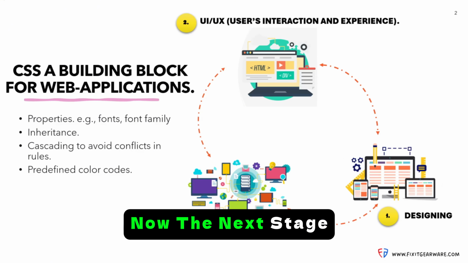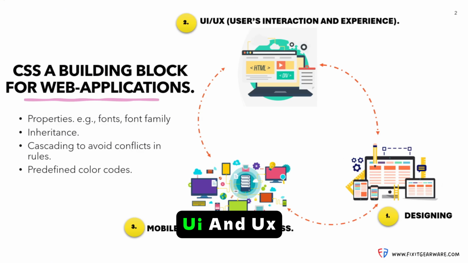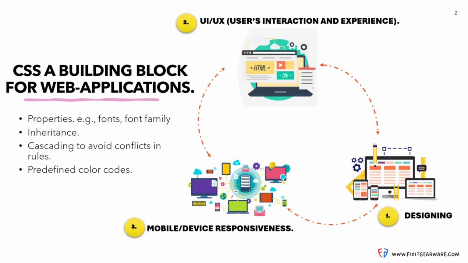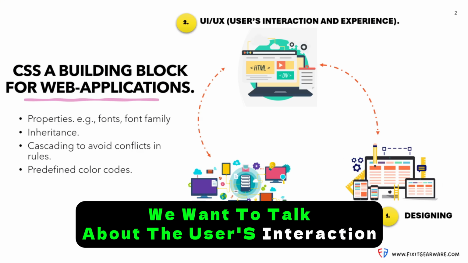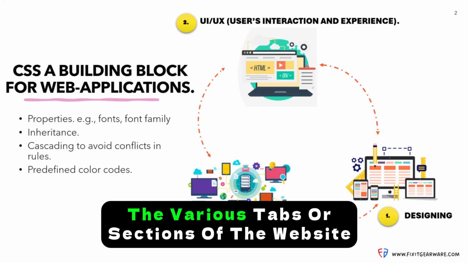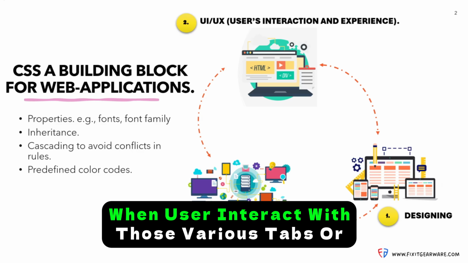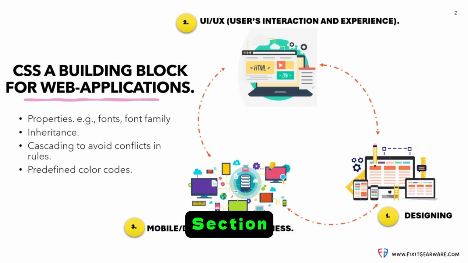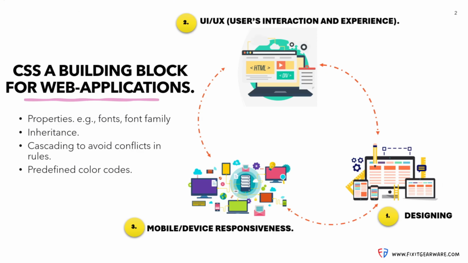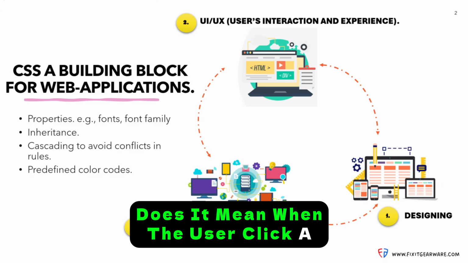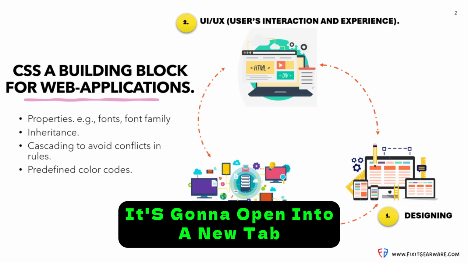Now, the next stage we have to talk about is the UI and UX. When we talk about the UI, we want to talk about the user's interaction with the various tabs or sections of the website. When the user interacts with those tabs or sections, how does the website respond? Does it mean when the user clicks a link, it's going to open in a new tab?